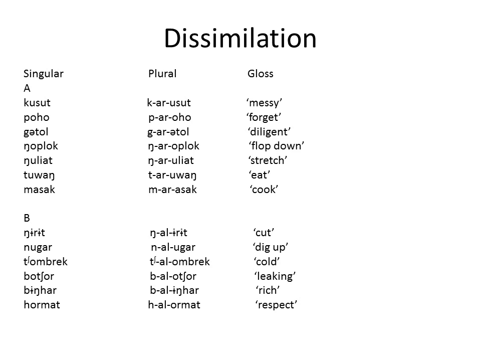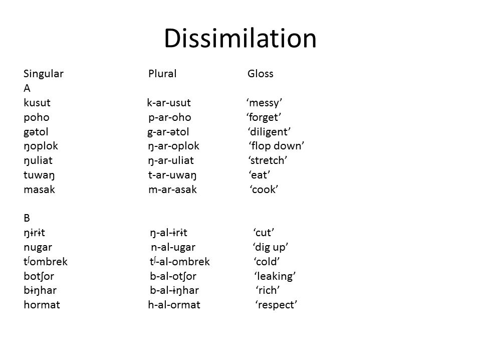Look, in the data in A, we have singular and plural. We derive the plural form from the singular form. So take, for example, kusut, karusut. Kusut is an adjective meaning messy. The plural form of this adjective is karusut, by adding the infix ar, the plural infix.